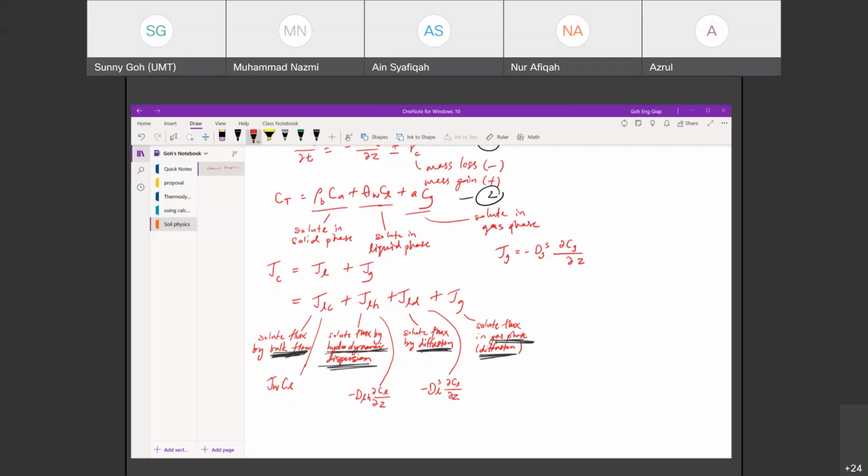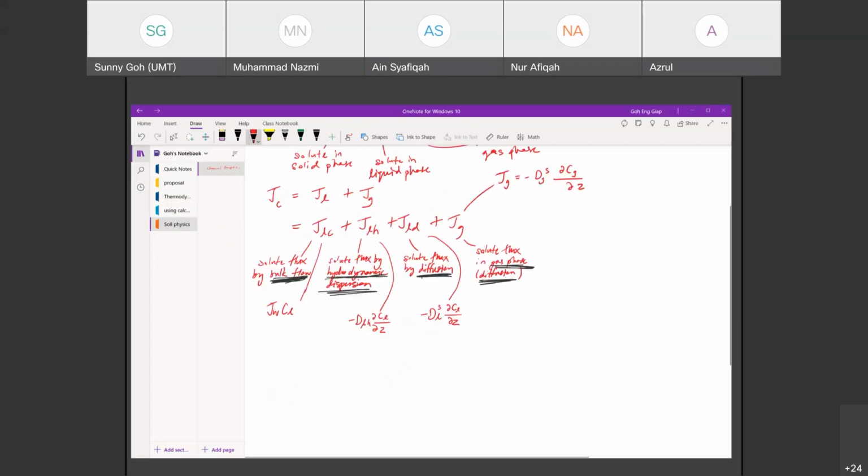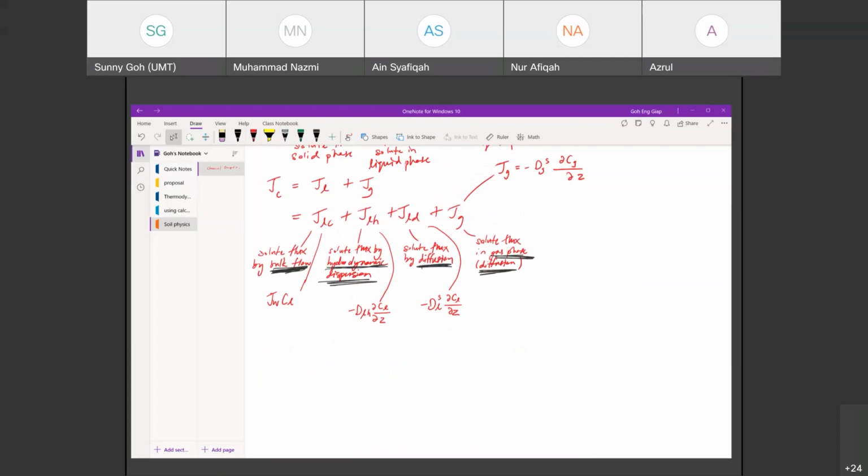Okay, J_G. So we can rewrite this equation. J_C equals J_W C_L minus D_LH dC_L over dz, minus D_LD dC_L over dz, right?